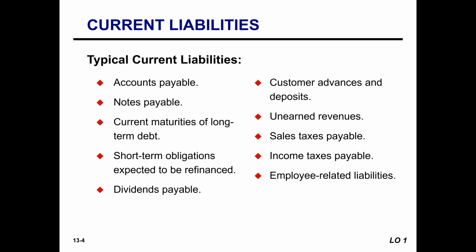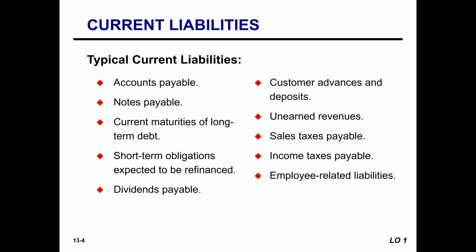Standard kind of mortgage terms, 15-year mortgage, 20-year mortgage, 30-year mortgage, but the current portion is what's due within the next 12 months or within the next year. Short-term obligations expected to be refinanced. Dividends payable. We talk about dividends more in chapter 15, I believe. I think I made a note in the book, but we talk about dividends payable more when we go over stockholders' equity, in chapter 15.